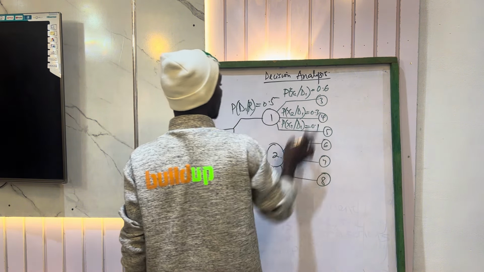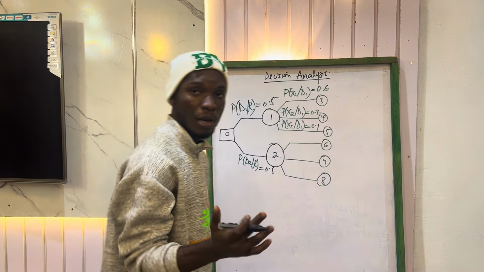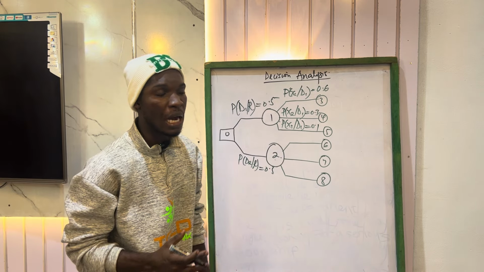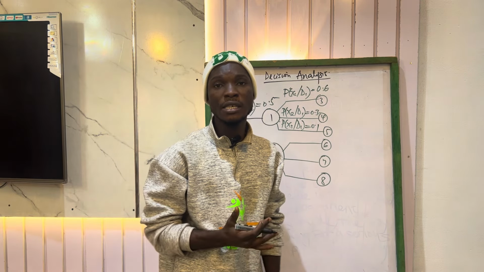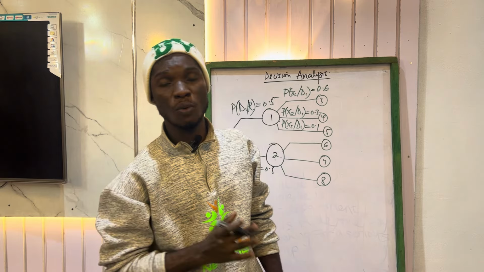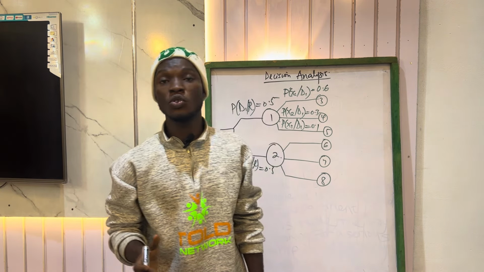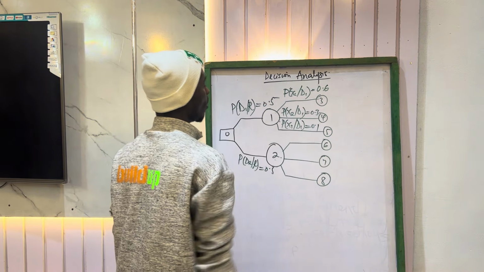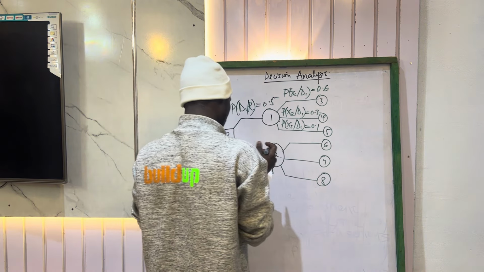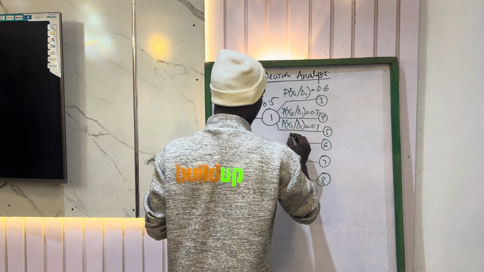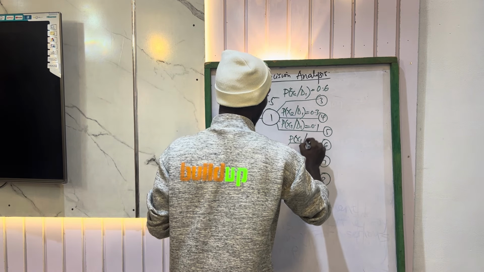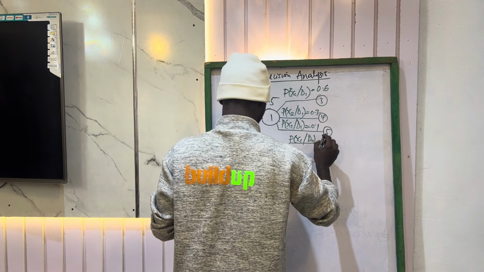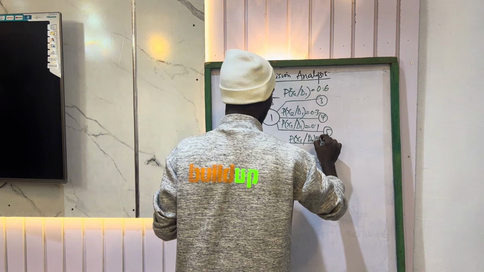If you sum it up, it is equal to 1, because when you talk about probability, it cannot go beyond 0 and 1. If you sum these probabilities up, it is equal to 1. Then the next thing is the probability of outcome 1 when not to develop, D2, which is 0.